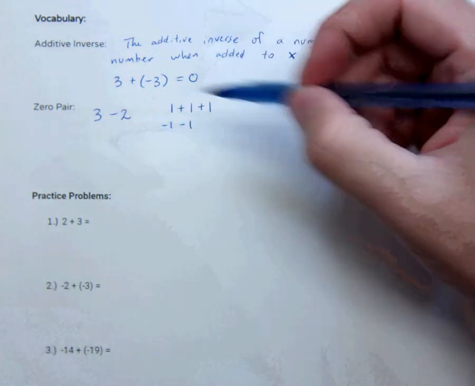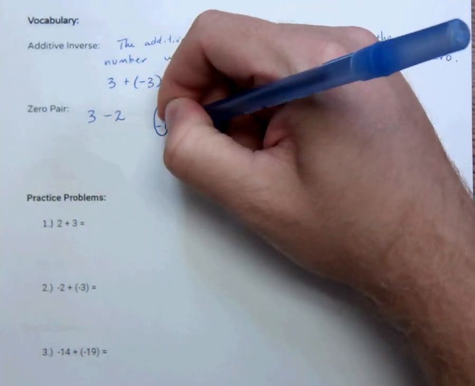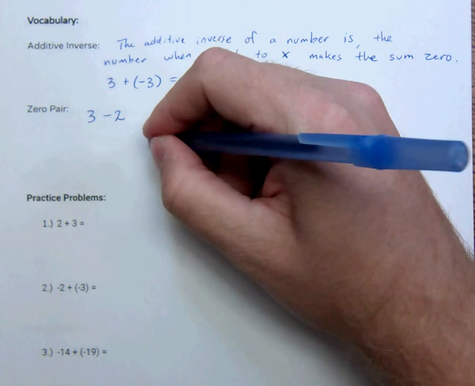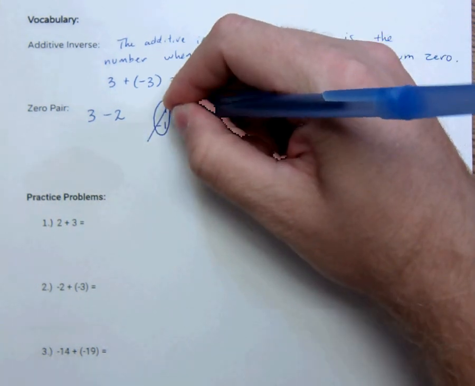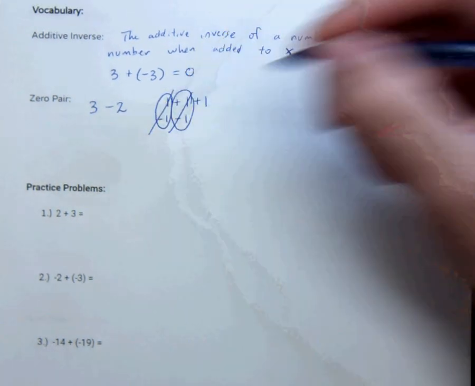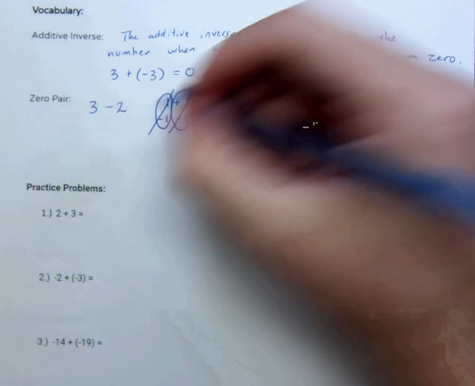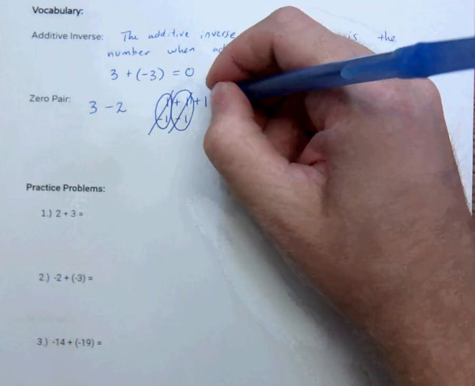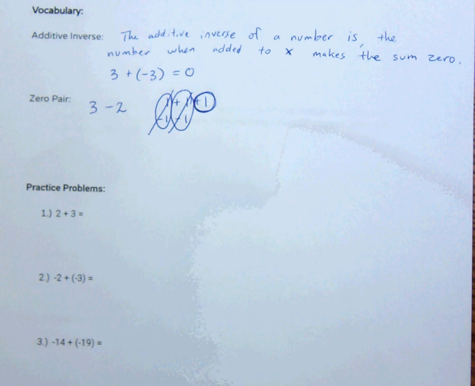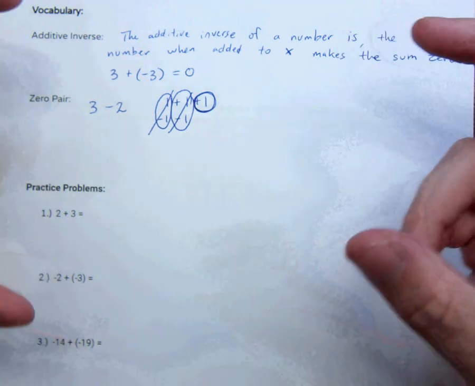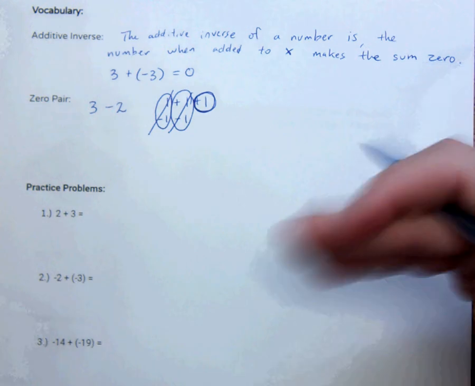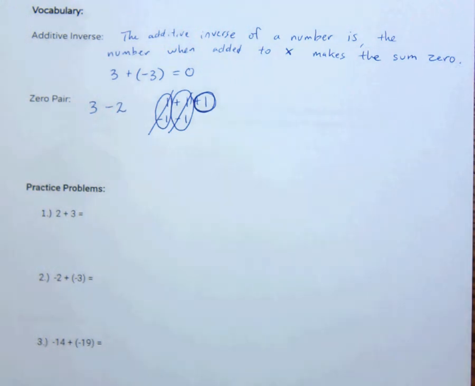So the zero pair are this, because that goes away, and plus 1, negative 1 would go away. And so you're left with the answer, 3 minus 2 is equal to 1, the one that's left over. So a zero pair is when you kind of break up a number into plus 1s and minus 1s and cancel them out.